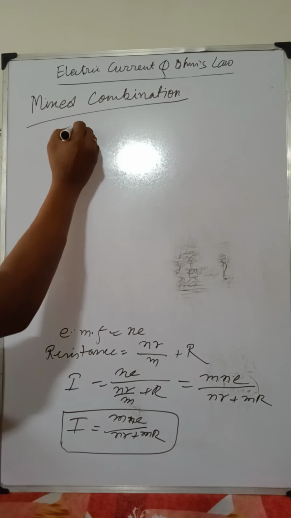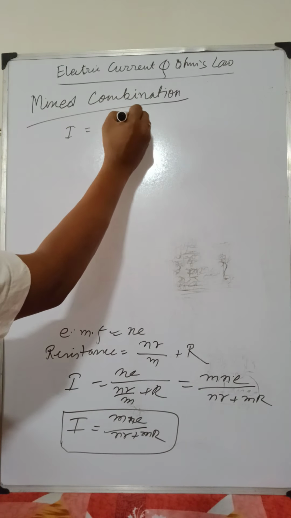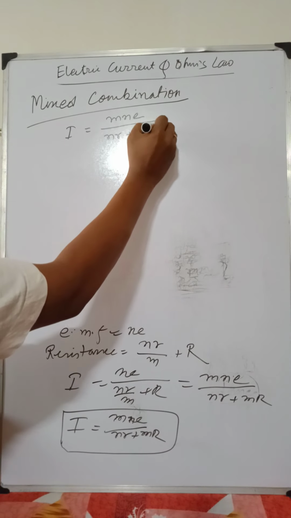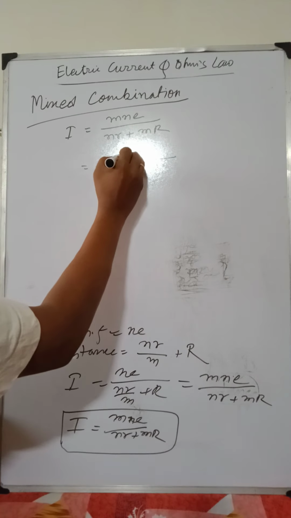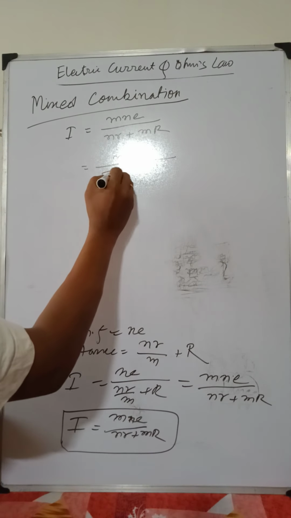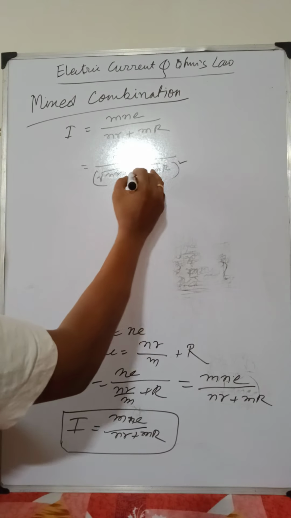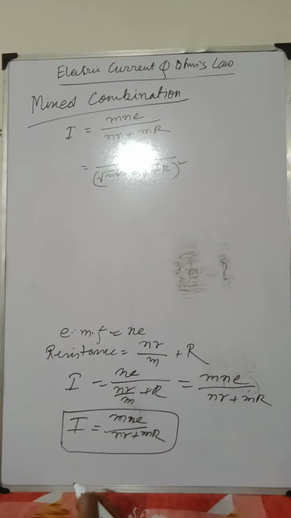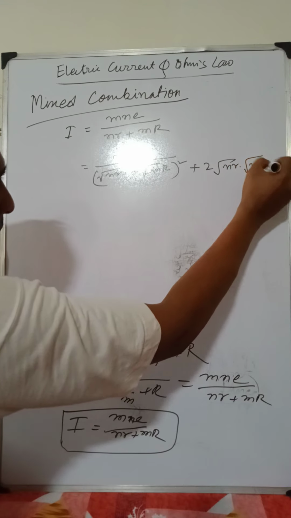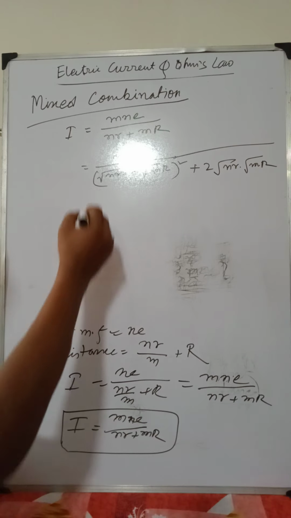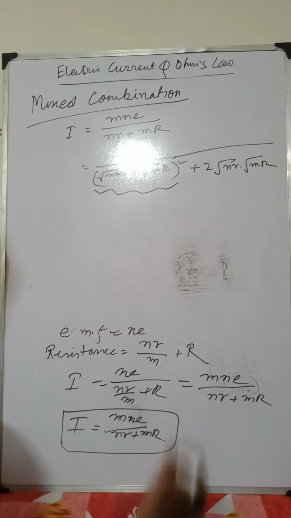We get I equal to mnE by nr plus mR. We can write the denominator as root over nr minus root over mR, whole squared, plus 2 root over nr into root over mR. So you can see in the denominator part we get a term like this.